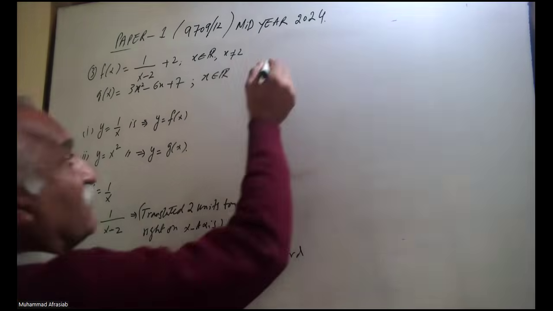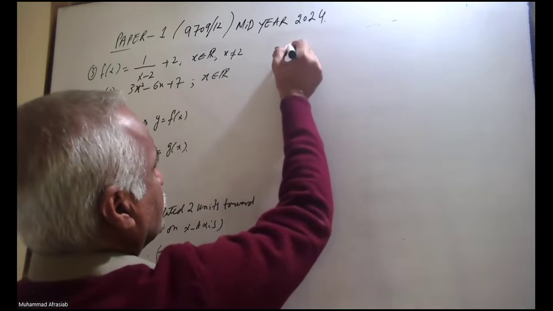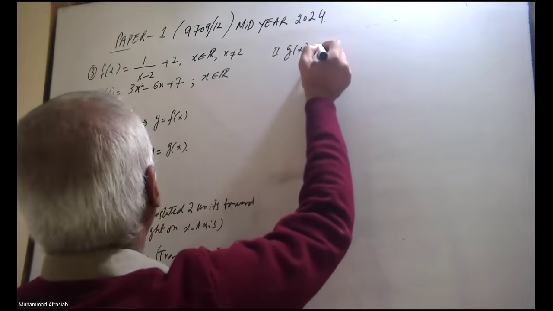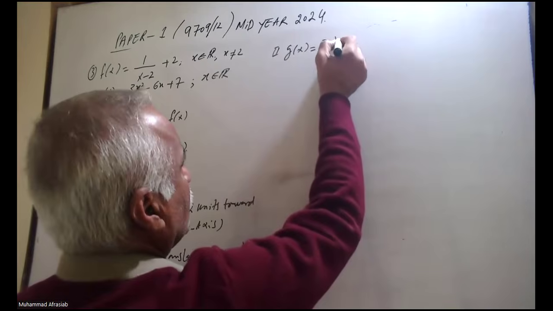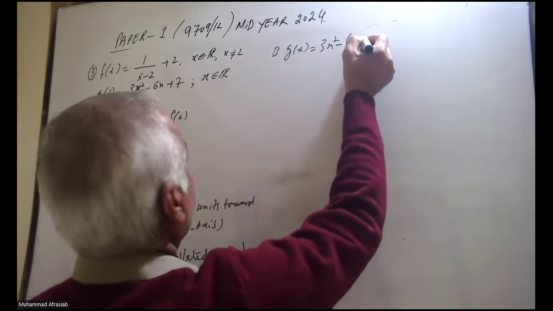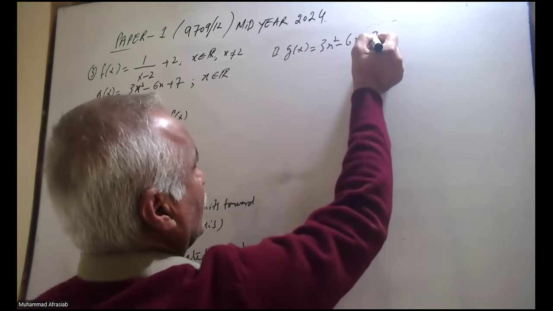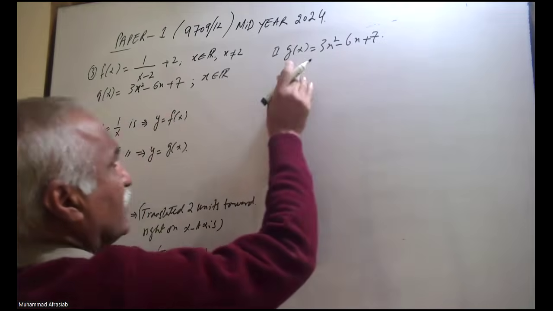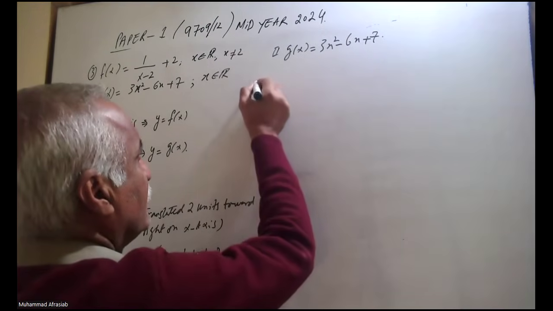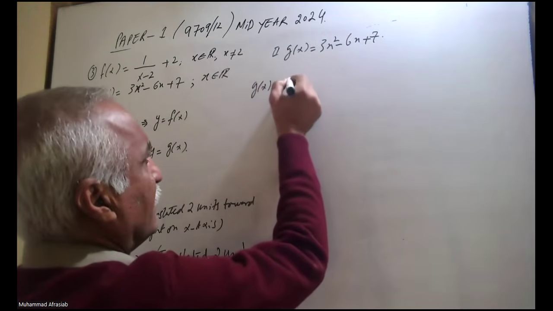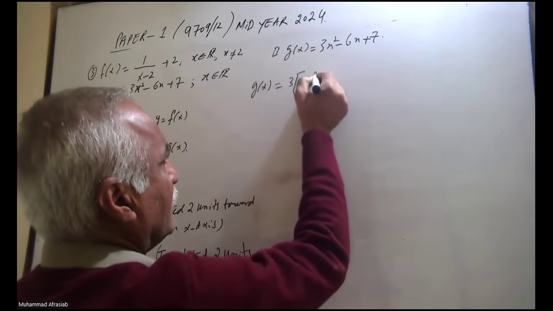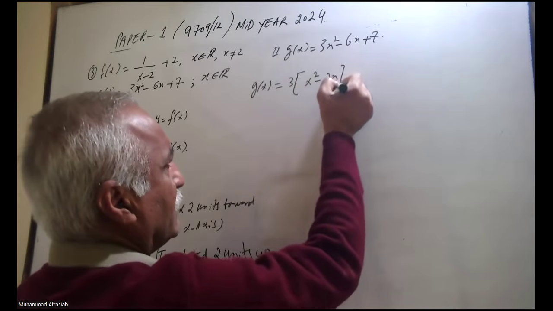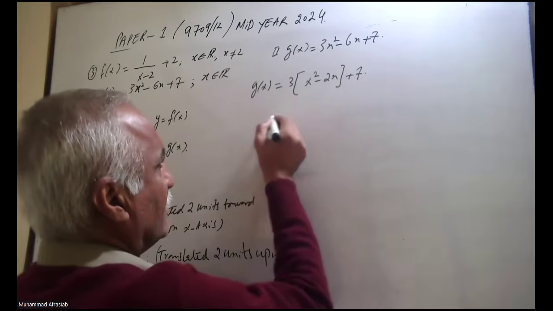Then we have g of x, which is equivalent to 3x square minus 6x plus 7. So let us complete the square, and then we will transfer these properties into this function. So g of x is equal to, if 3 is common, 3 times x square minus 2x, plus 7.